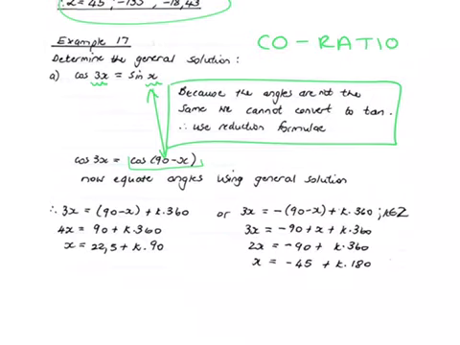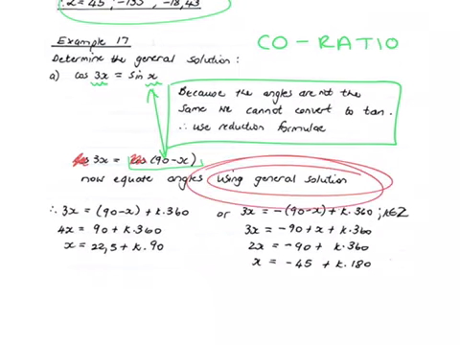So you can then drop the common cos. But remember, once you drop a cos, sine, or tan, you have to use your general solution. So I drop the cos, and I get 3x equals to positive bracket plus k360, or 3x equal to negative bracket plus k360.